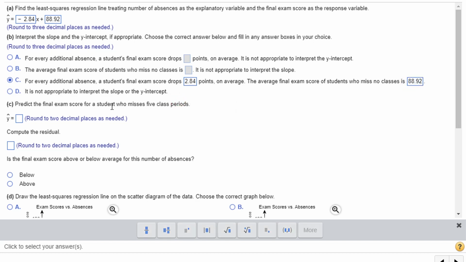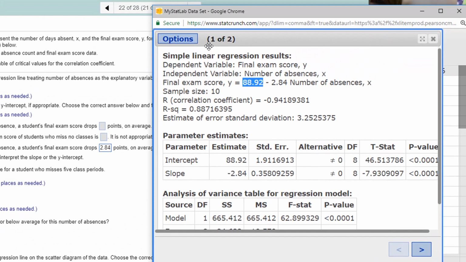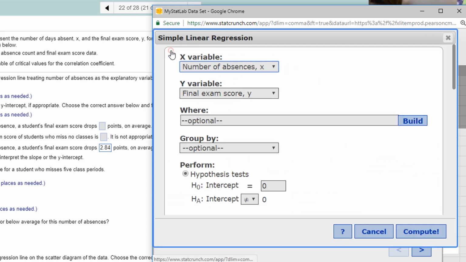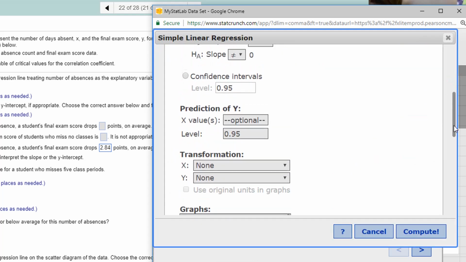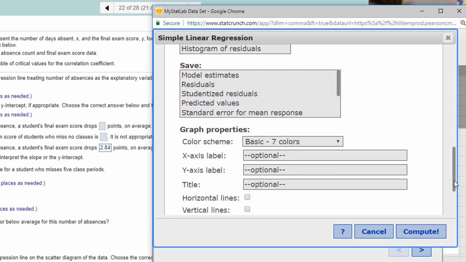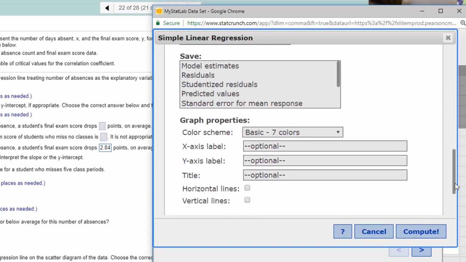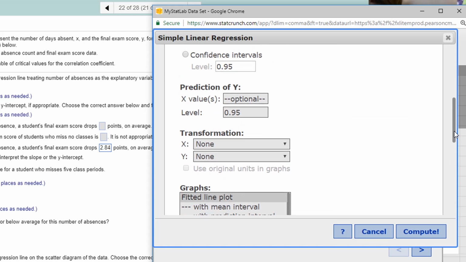Predict the final exam score for a student who misses 5 class periods. Well, let's go back to StatCrunch. Go to Options, Edit. You can put in prediction options down below. It's prediction of Y, an X value of 5.